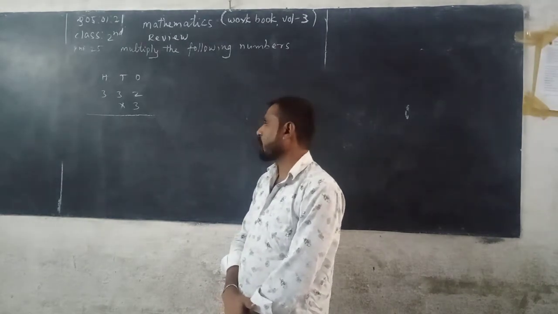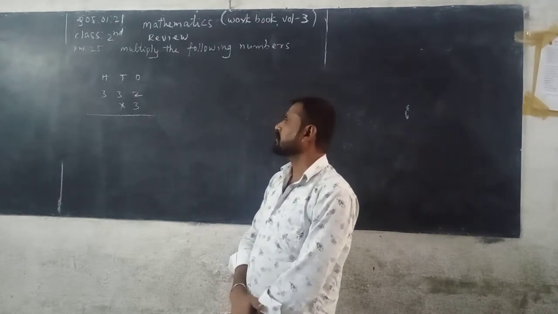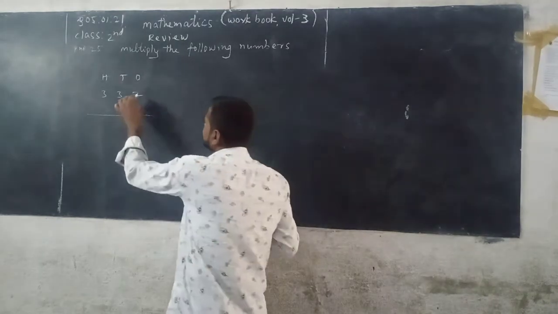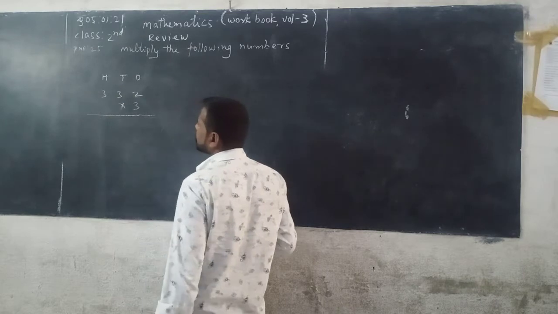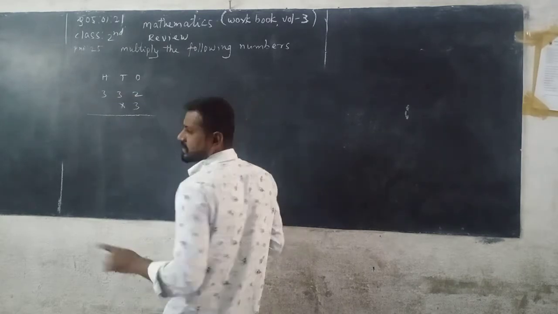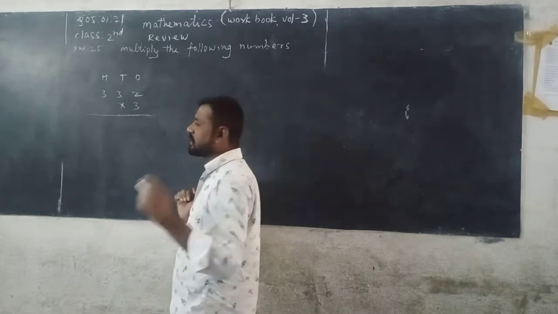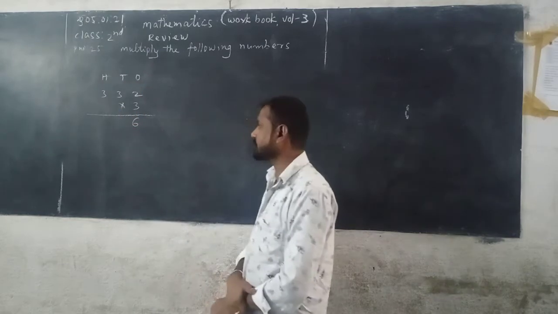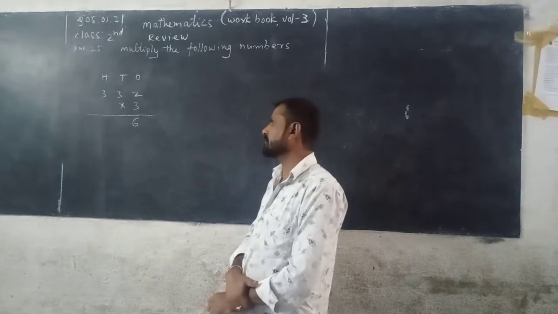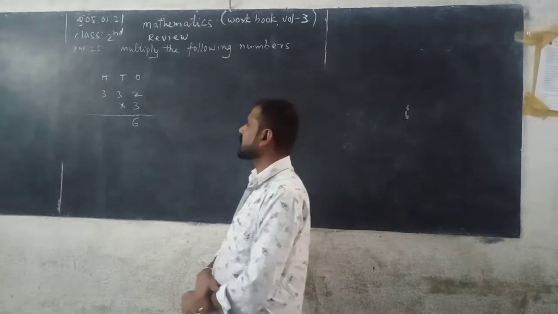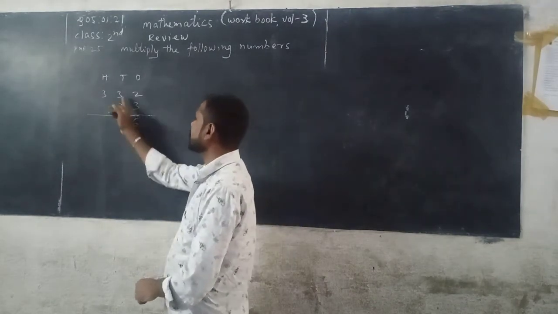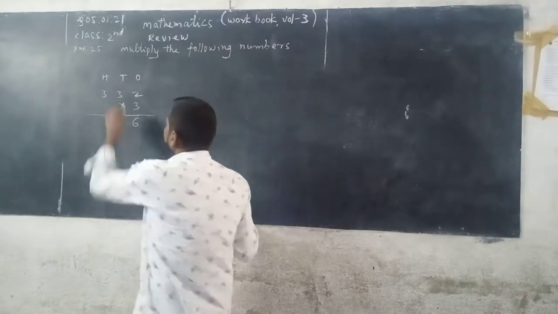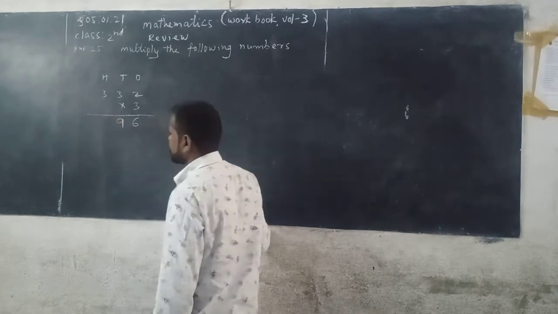Now we multiply the digits in ones place first. 2 is multiplied with 3, then you can read 3 tables. 3 2s are 6. 6 is a one digit number, so you can write it directly in ones column of the product. Next, we multiply the digits in tens place. 3 with 3, 3 3s are 9. 9 is a one digit number, so you can write 9 in tens column of the product.